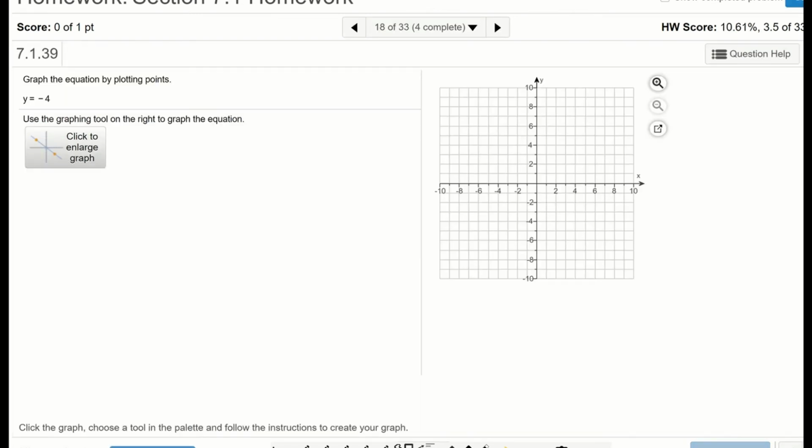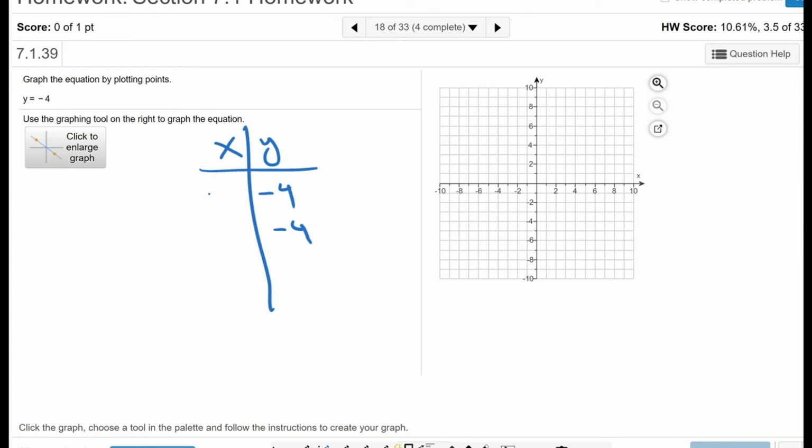So here's a special case graph. It's of course a horizontal graph, if you remember. And to get the points that we need to plot this, we recall that for this line, the y value doesn't change. It's always -4, right?